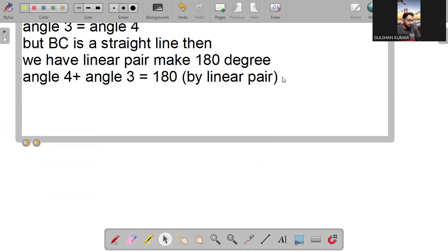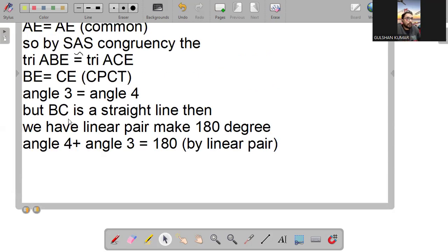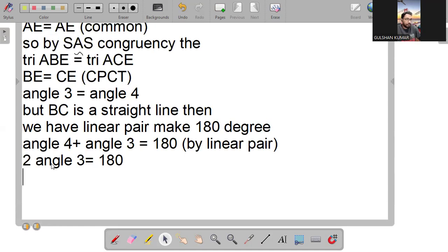We have angle 3 equals angle 4 because of CPCT. So 2 times angle 3 equals 180 degrees.